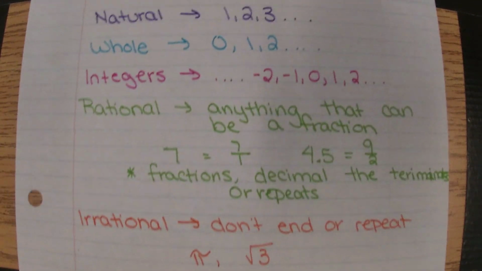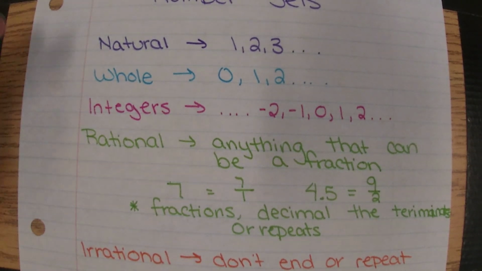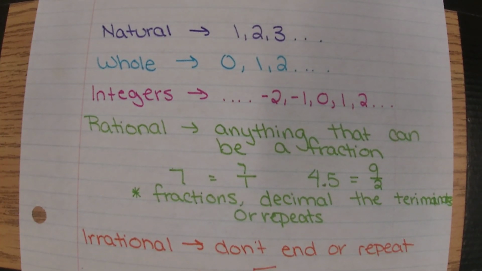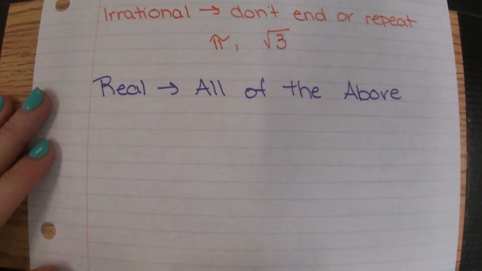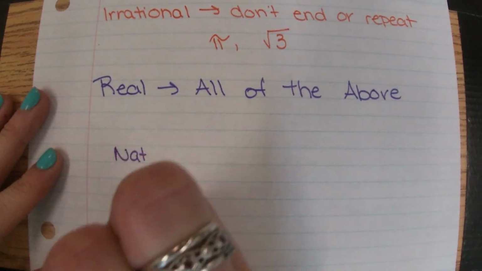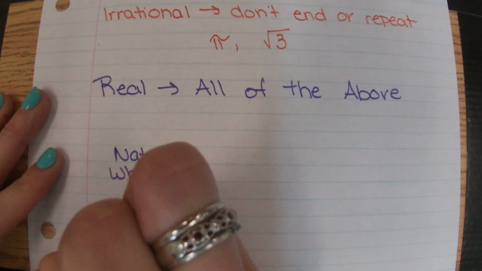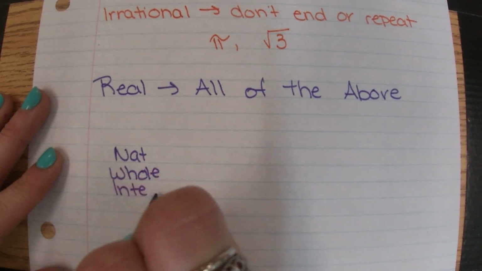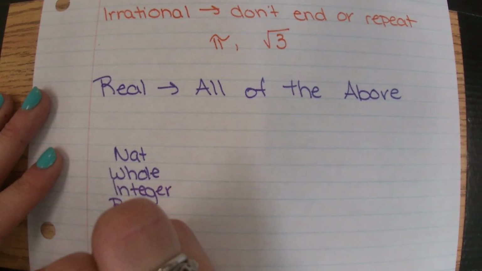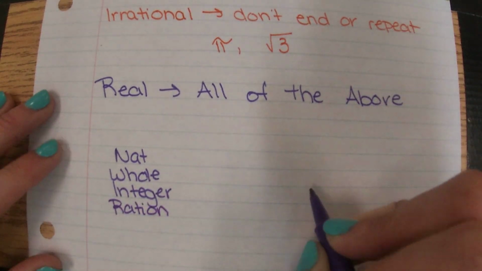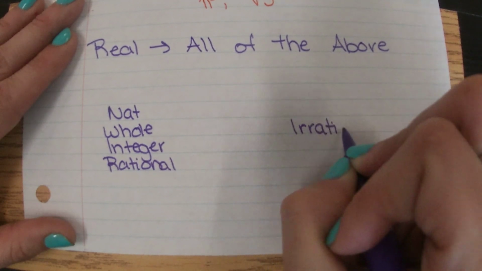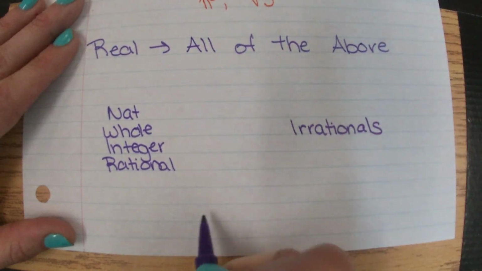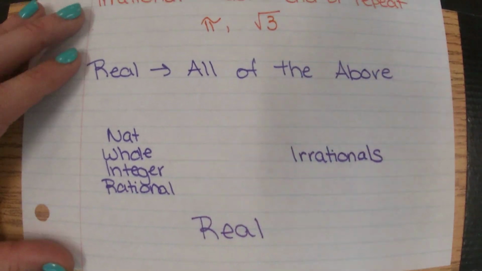Now, when we look at this list, this is a sequential list where once we sort of start, for the most part, it's going to start to overlap other than irrational. Okay, so we have natural, whole, integer, rational, and then we got our oddball irrationals over here. And real encompasses all of that.